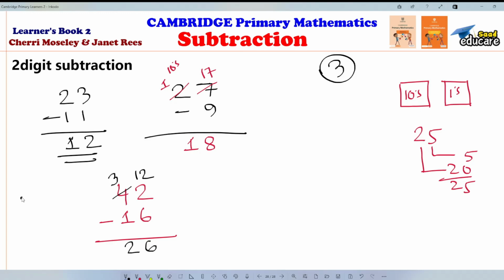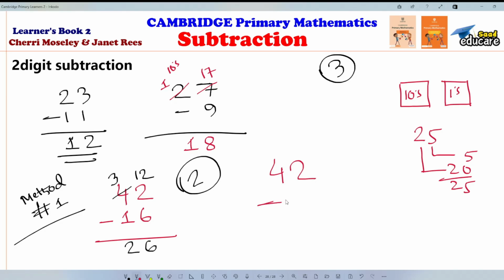Okay, method first. How about second method? Similar thing. 42 minus 16. So we cannot subtract this 6 from 2. So we need to take something.